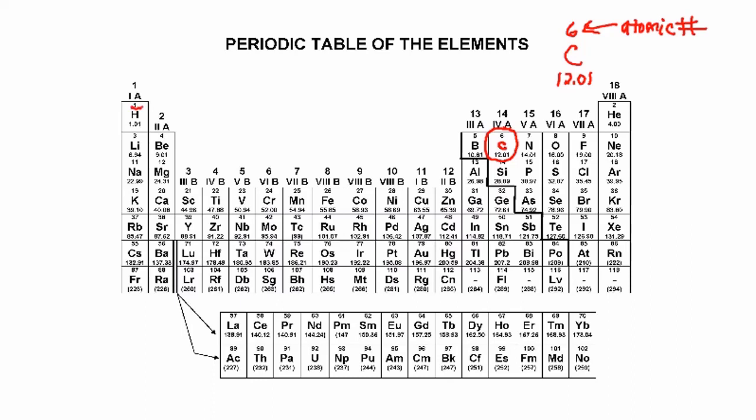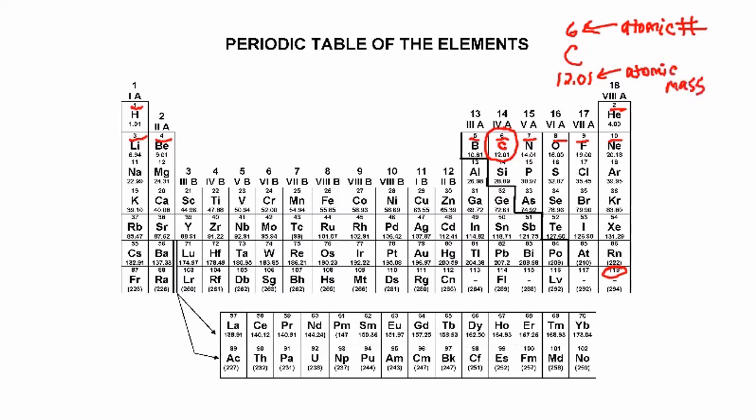Hydrogen's 1, helium's 2, lithium's 3, beryllium's 4, boron is 5, carbon 6, nitrogen 7, 8, 9, 10, and so on, all the way down to 118. So the atomic number is what organizes all the elements on this periodic table in numerical order. The bottom number is the atomic mass.